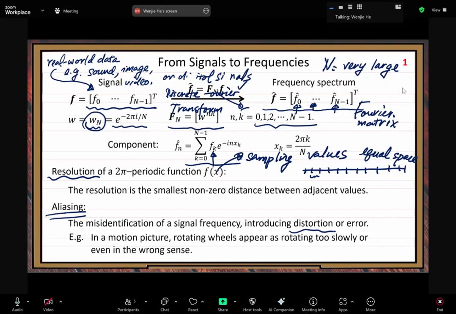Example. In a motion picture, rotating wheels appear as rotating too slowly or even in the wrong sense, negative direction. Sometimes in some video, the rotation is supposed to be in this direction, but you see the opposite direction, because the resolution is too low.